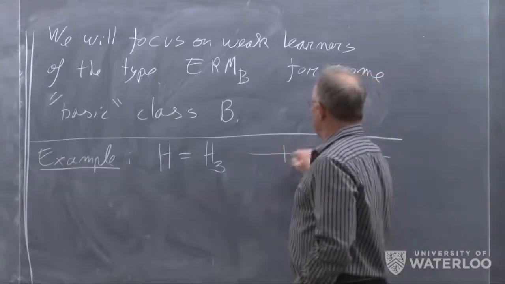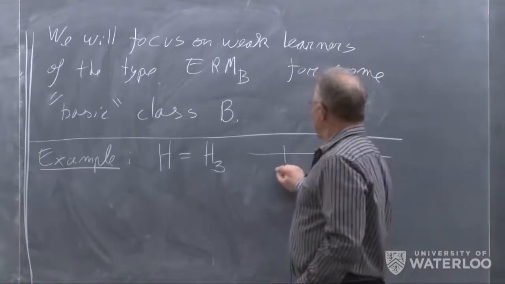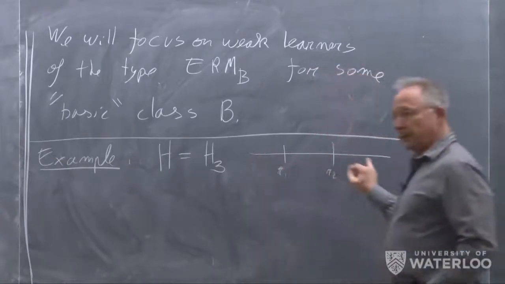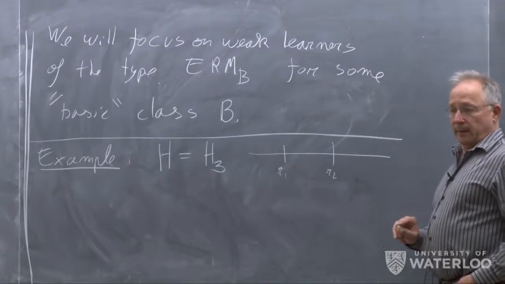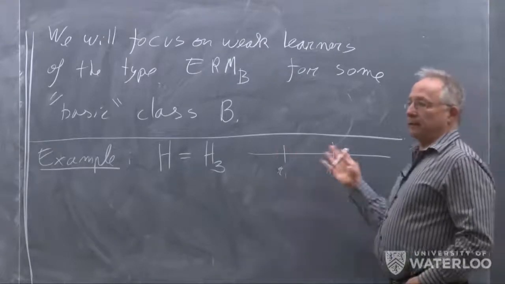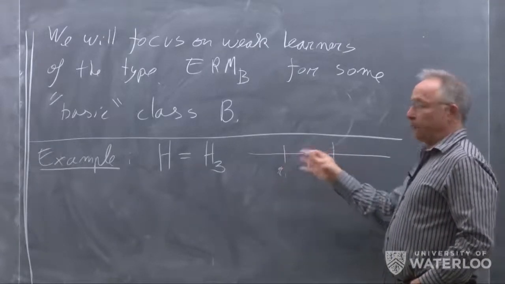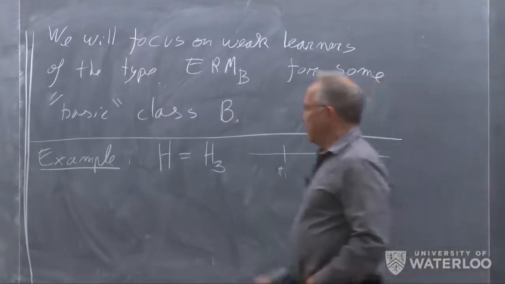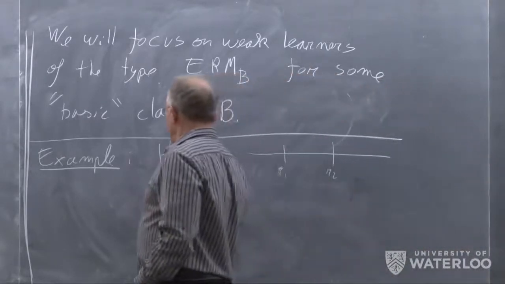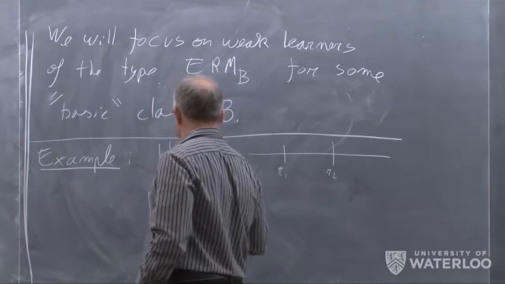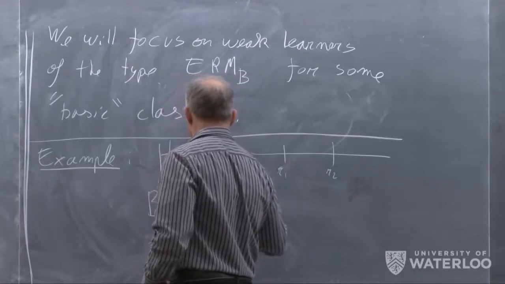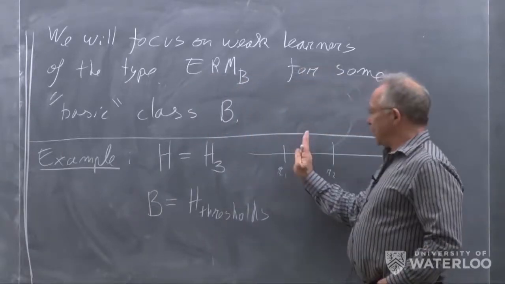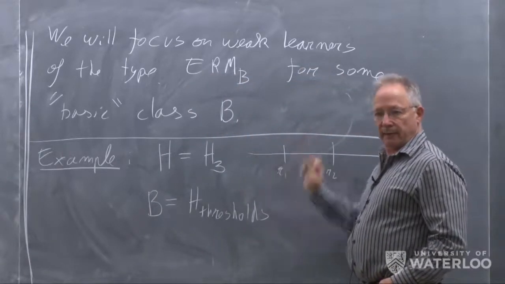I have R1, R2, R3, partitioning the real line into three segments, and I give them alternating or arbitrary labels for every segment. So this is my class H. And as the basic functions, I took H thresholds, which is just one cut in the line.